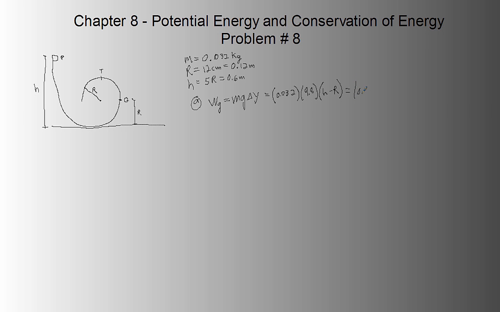So 0.032 times 9.8 times h, which is 0.6 minus r, which is 0.12, and that equals 0.151 joules.